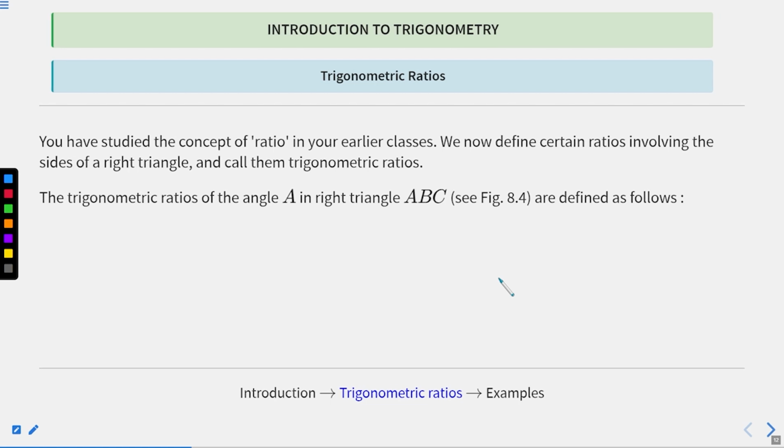You have studied the concept of ratio in your earlier classes. We now define certain ratios involving the sides of a right triangle and call them trigonometric ratios. The trigonometric ratios of angle A in right triangle ABC, shown in figure 8.4, are defined as follows.